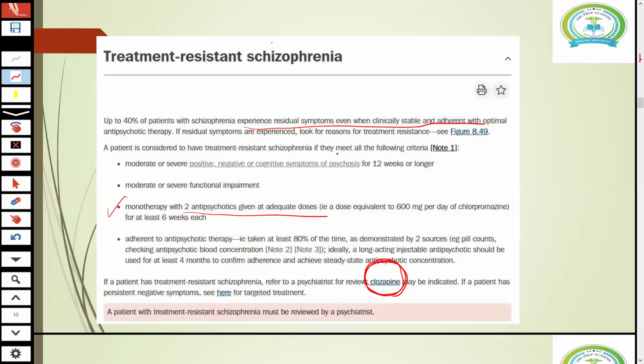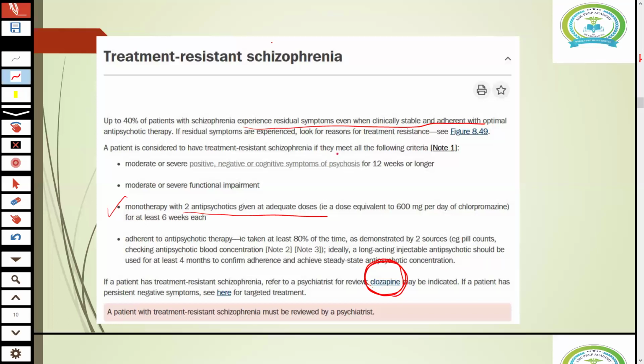Okay. So we were discussing treatment-resistant schizophrenia, and clozapine would never be the first-line drug because it has a lot of side effects. So it is reserved for patients who have treatment-resistant or drug-resistant schizophrenia. The main side effect is agranulocytosis, and because of that, for any patient taking clozapine, we ask for a weekly blood count during the first 6 months of treatment.